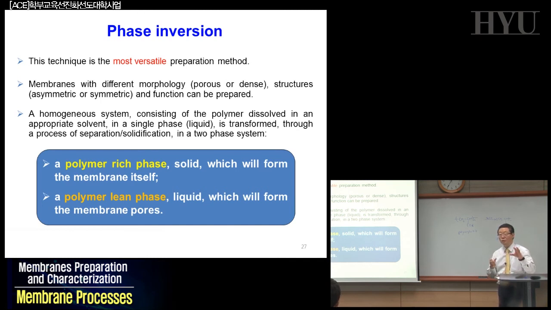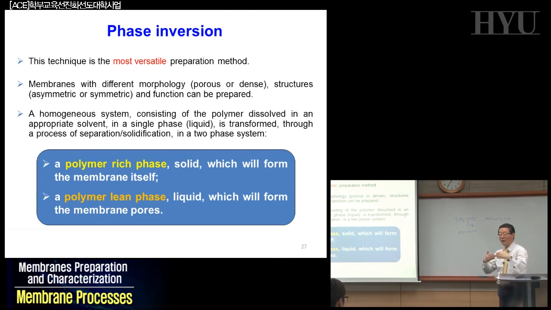Okay? You have solvents. For example, if you have 30% polymer in NMP as a solvent, then 70%, for example, weight, of course it's a weight percent basis, 70% is polymer-lean phase, and 30% is polymer.